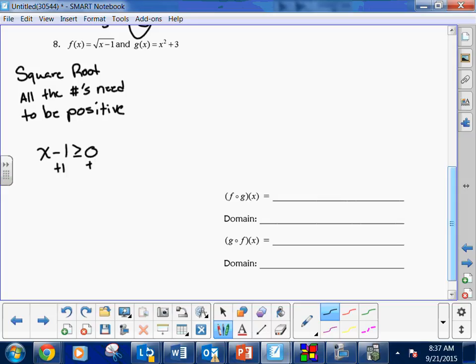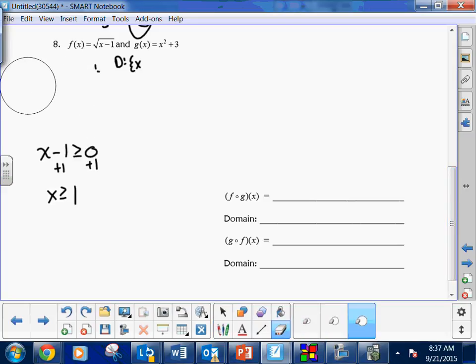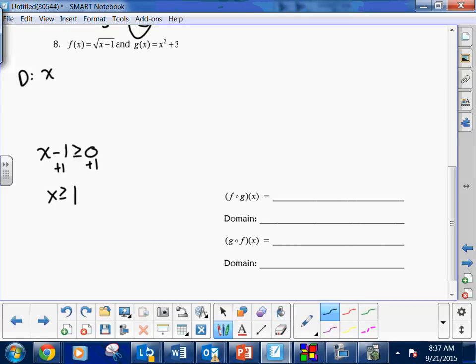So when I add 1 to both sides, I find out that x has to be greater than or equal to 1. So automatically this domain right here is going to be x such that x is greater than or equal to 1. So we have this as a first domain restriction.